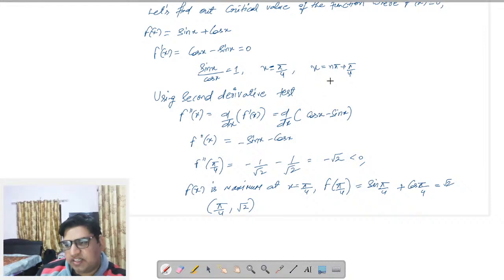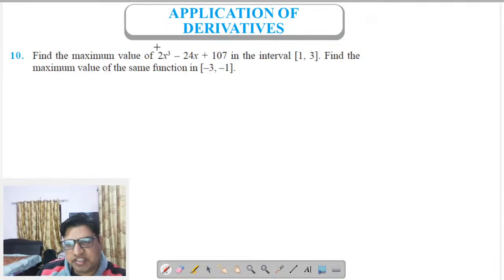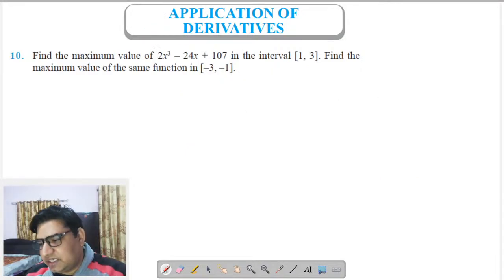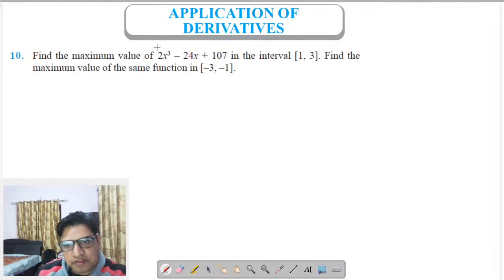So let's try to solve one more question from the same topic. Here we have to find the maximum value of the same function in the interval 1 and 3.